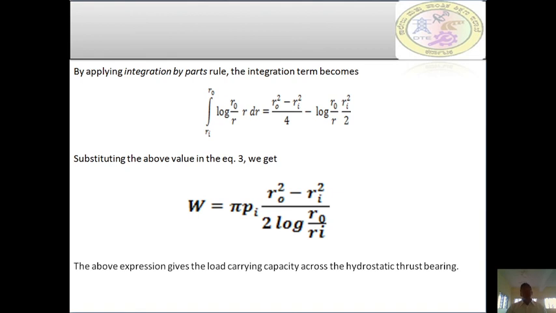That is, the load carrying capacity equation is W equals pi pi, because you substitute the above integration, what we got by integration by parts, in equation 3. Then all the terms cancel each other. At the end we got pi into pi into R0 square minus Ri square divided by 2 log R0 by Ri in the denominator. This above equation gives the load carrying capacity across the hydrostatic thrust bearing. Thank you.